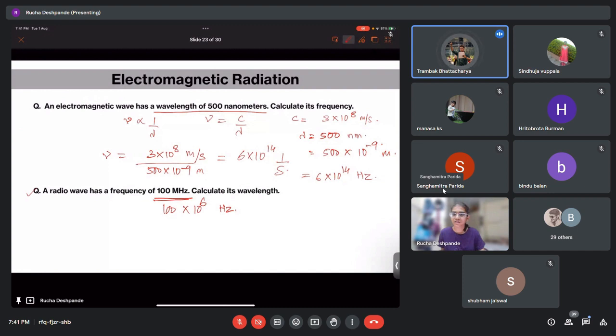Now I'm getting 33.3 into 10 to the power minus 2. 3 meters, right?